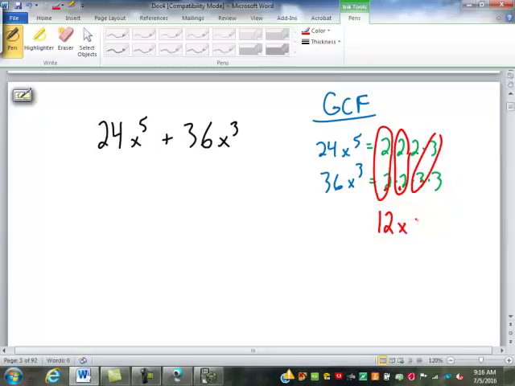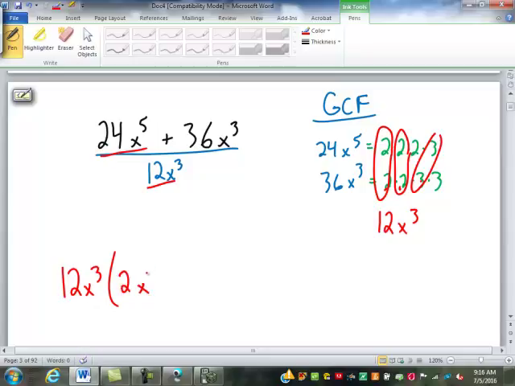X to the 3rd, the smaller power. So 12x to the 3rd is the first part, or first factor. So to get the second factor, we're going to divide by 12x to the 3rd. 24x to the 5th divided by 12x to the 3rd. What's 24 divided by 12? 2.